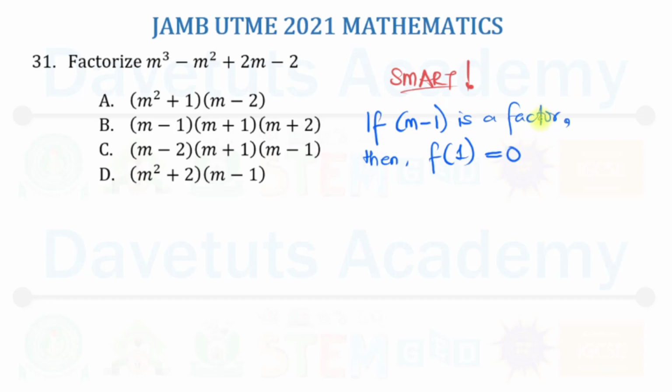So we want to test here. Let's look at function of 1. If it is 0, then that means m minus 1 is a factor of this particular expression. Wherever we see m, we put 1. We have 1 raised to the power 3 minus 1 raised to the power 2 plus 2 multiplied by 1 minus 2. So the first two terms, this is 1.